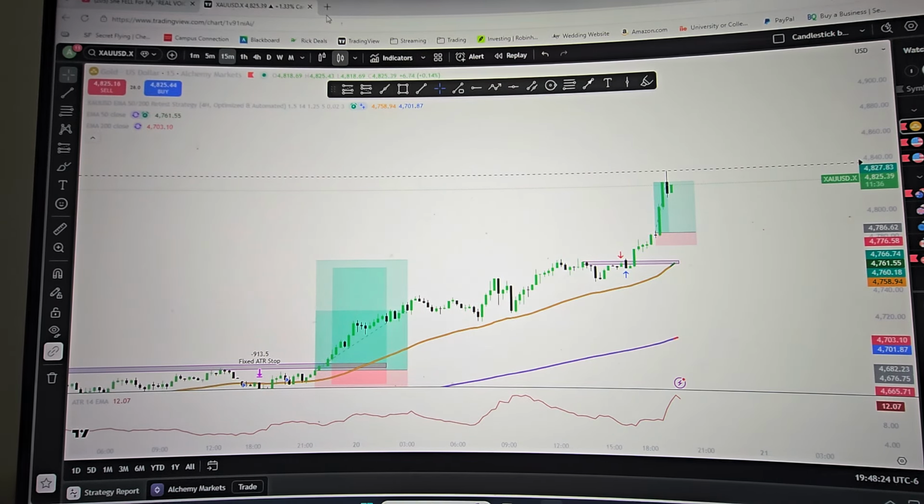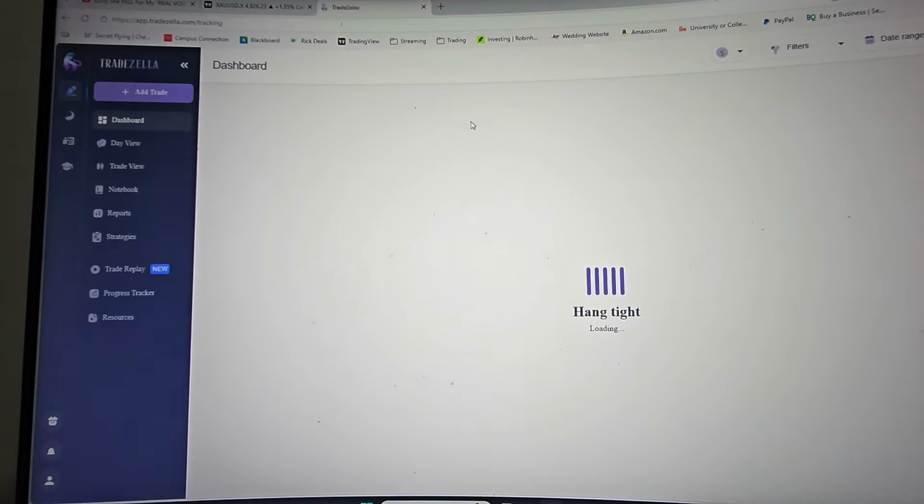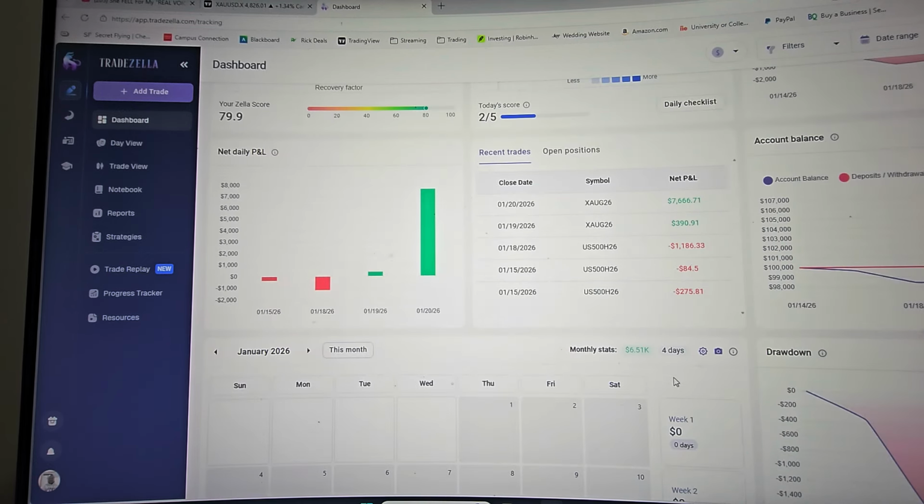And what else? I also have TradeZilla, where I document my FTMO trades. Let's see if it's been synced. Okay, it was last synced at 5 p.m. We're now at 7 p.m. So if I update this, it should get the latest trade that we just closed of $3,000.